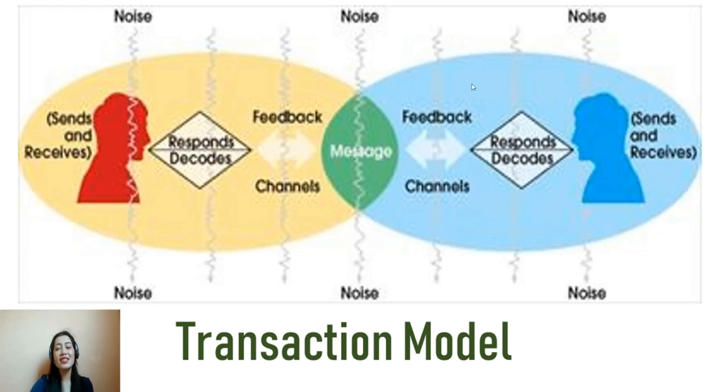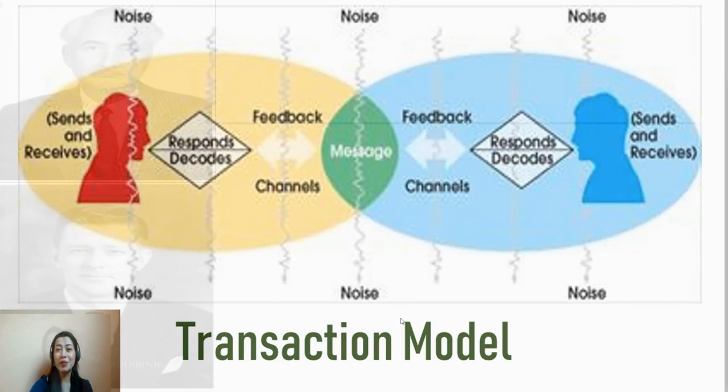But what makes this model unique and special is that it already has the element of feedback, meaning to say dili na boring ang conversation because the sender and the receiver already take turns in sending a message. So that's all you have to remember. This model, which is the transactional model, already has the element of feedback. Questions? So if you have some clarifications about this model, you can ask me tomorrow.